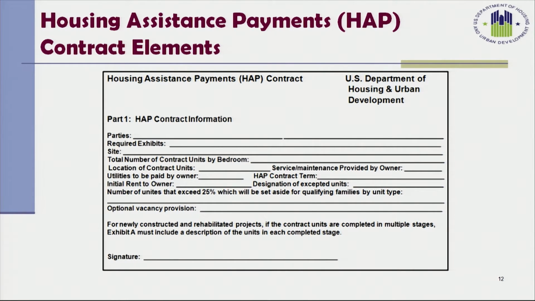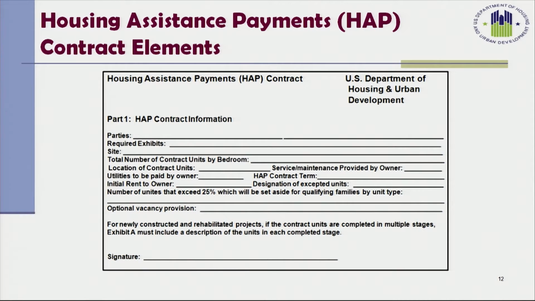Under Part 1, the parties are required to be identified, the required exhibits to the HAP contract, the actual address of the site, the total number of contract units by bedroom size, the location of the contract units, the services or maintenance to be provided by the owner, utilities that will be paid by the owner, the term of the HAP contract, the initial rent to owner, the designation of accepted units, the number of units that will exceed the 25% limitation that are set aside for qualifying families by unit type.